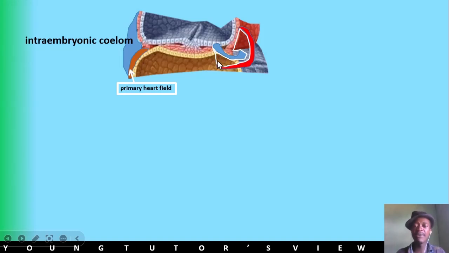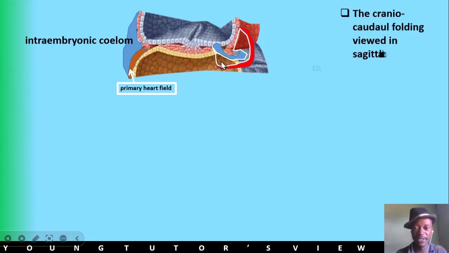So primarily the primary heart field begins to form in the cranial region, but after these cranial caudal foldings, or folding of the head like this, the intraembryonic coelom and the primary heart field come to the thoracic region like this. So this is very important.